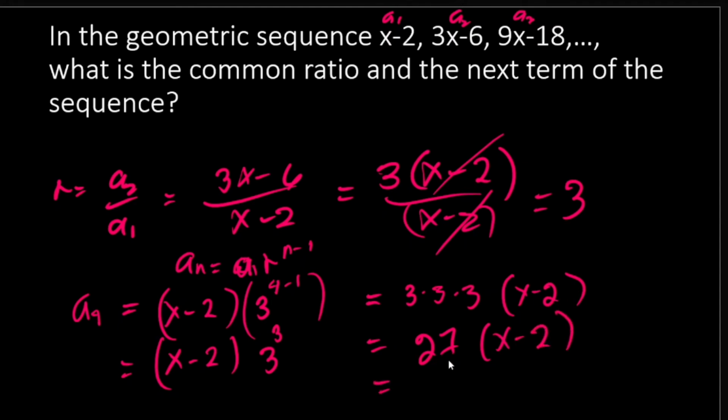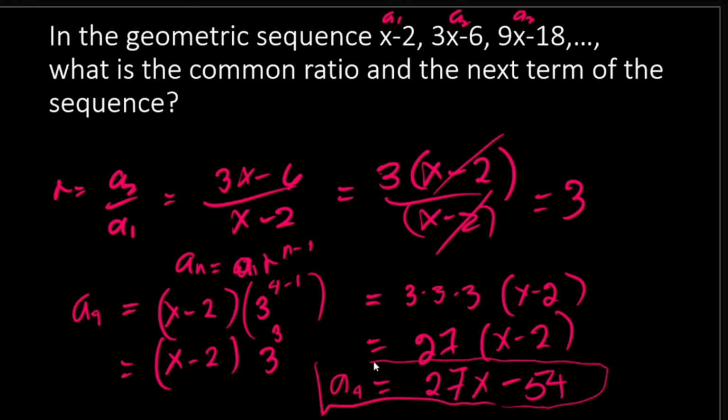By distribution, we have 27x minus 27 times 2. 27 times 2 is 54. So this is the next term, which is a sub 4. And the constant ratio is 3.